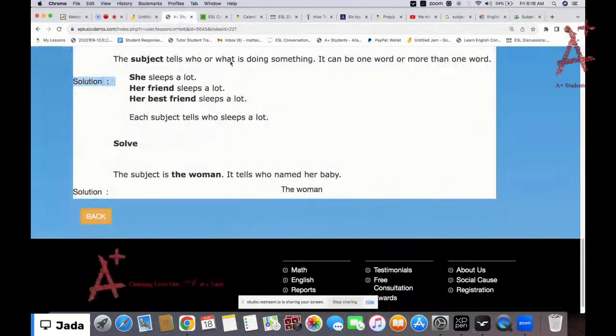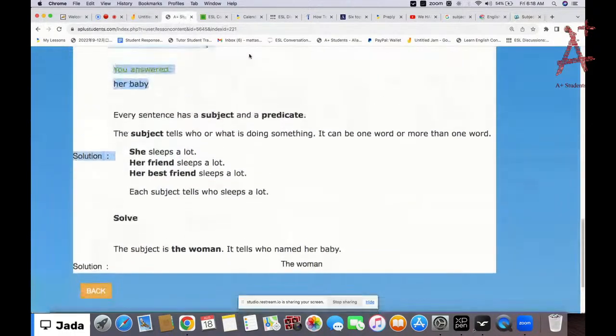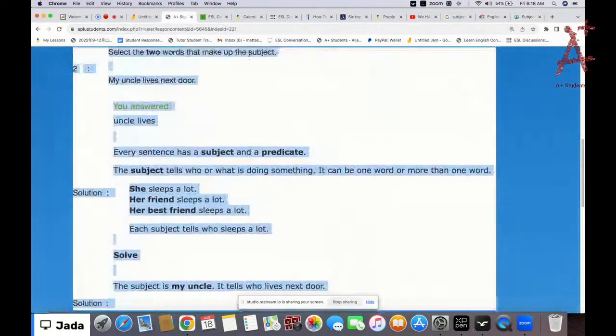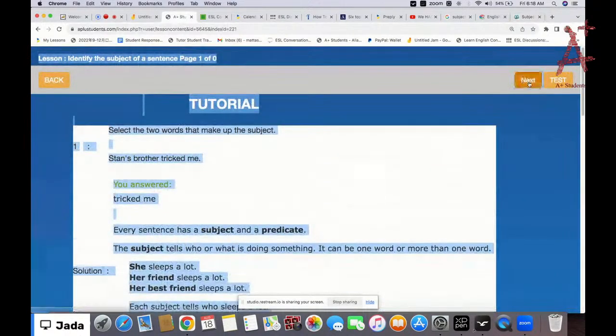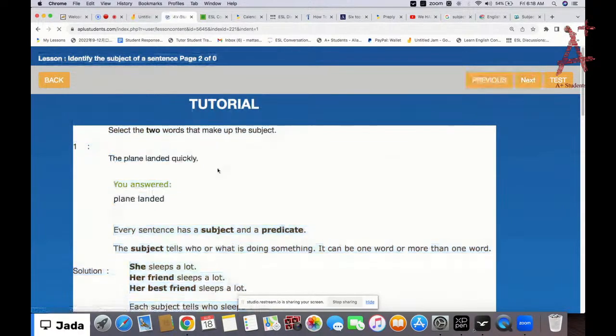So back on here, we'll move on to the test. Okay, so let's just say one more example from here. All right, so the plane landed quickly.